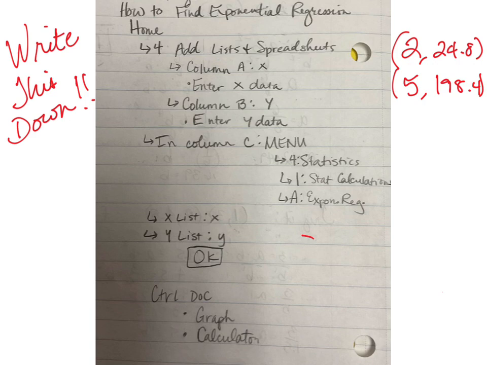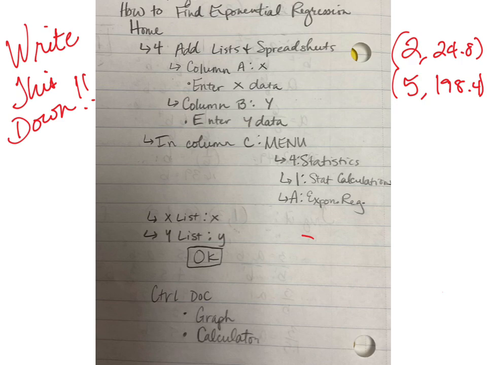Your X list, you're going to call X. Your Y list, you're going to call Y. And then you push OK. At the very bottom, the box that says OK. We did this last year. You did do this last year, right? Okay, and so it just kicked out a regression for you.